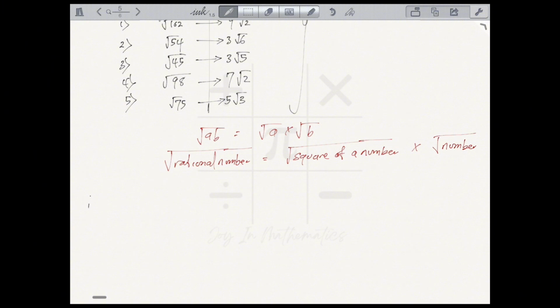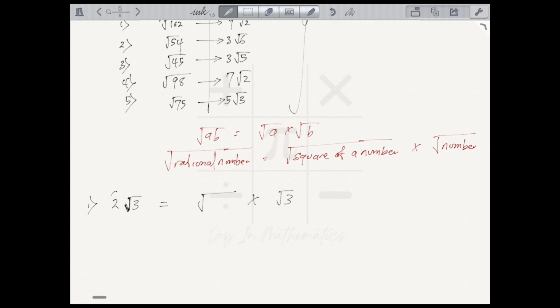Now let's take an example on how to convert from basic form to single surd. We have 2 root 3. According to the multiplication rule of surds, 2 root 3 is the square root of a number, root x, multiplied by root 3.